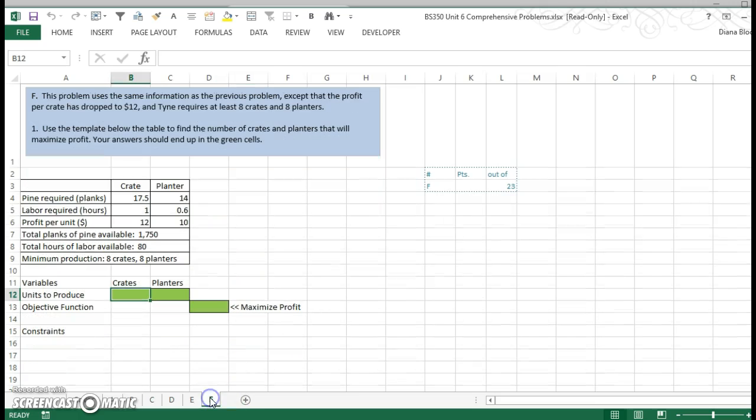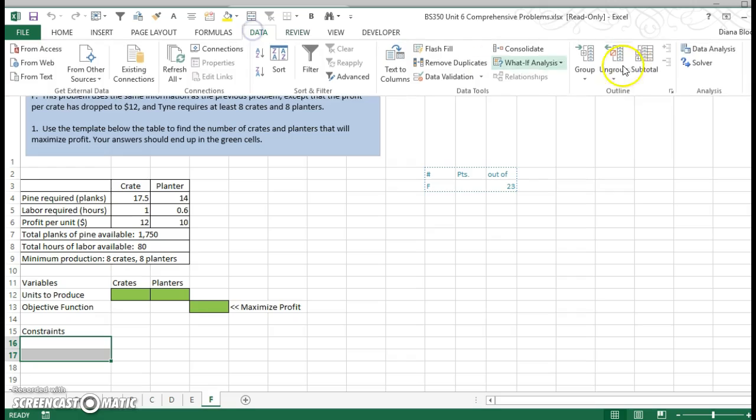So we just worked on solver in week 5, so look back at that assignment and that reading. Problem F is also a solver problem. So you're going to put in your formula for profit, you're going to add in constraints, then you're going to go up here, put in your solver information. If you need a sensitivity report, then you'll do that.